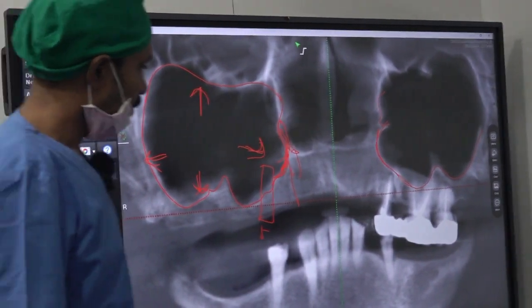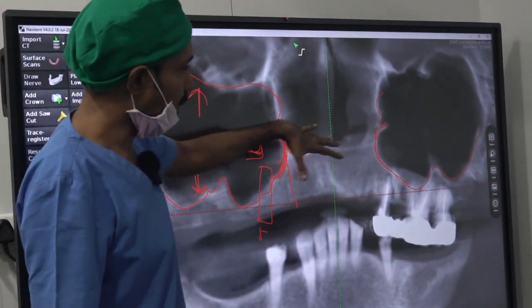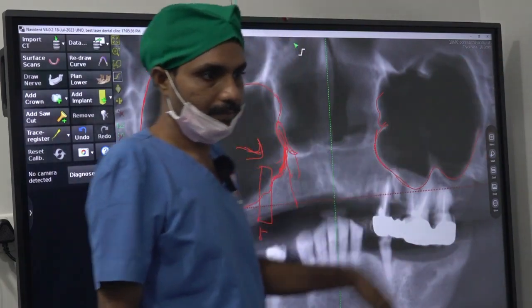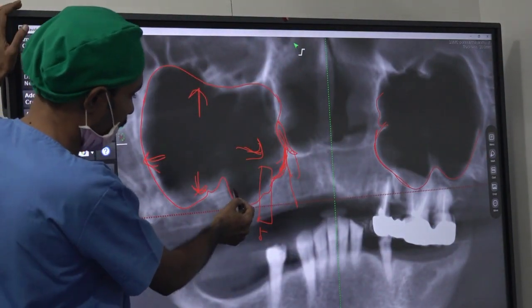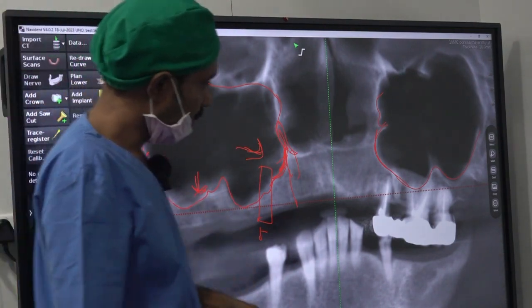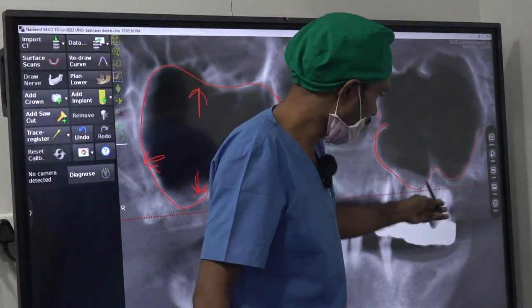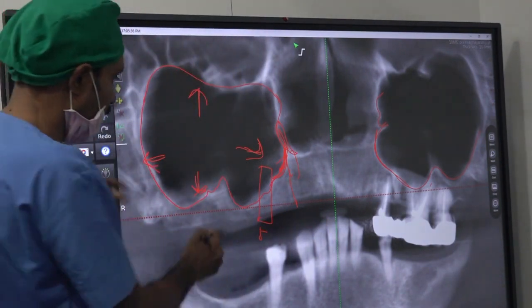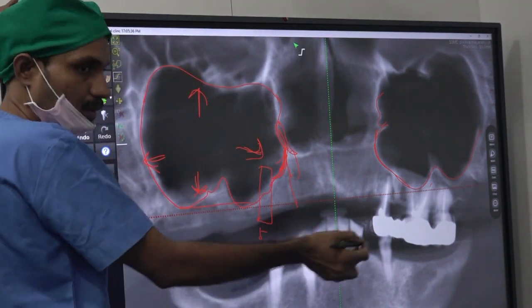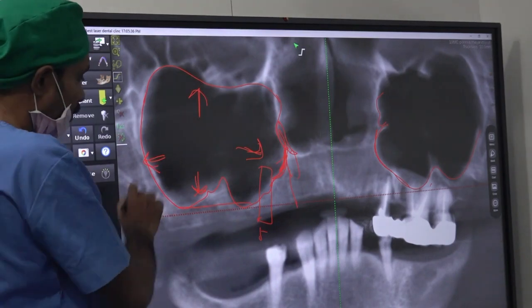In this kind of situation, immediately we have to look for the pterygoid. Definitely we need to place a pterygoid, distal support. Obviously there is nothing in the molar region. Of course we will plan something if possible in the molar region. But if there is no molar, and if there is more downward expansion as we said, then we have to go for the pterygoid.